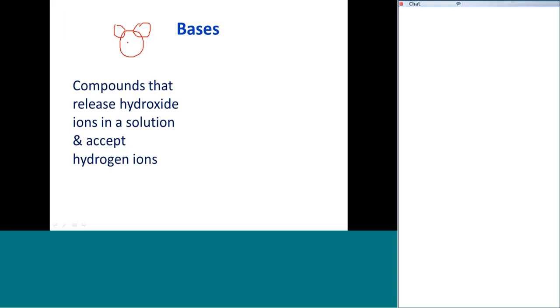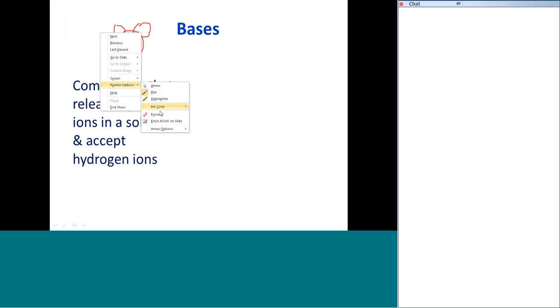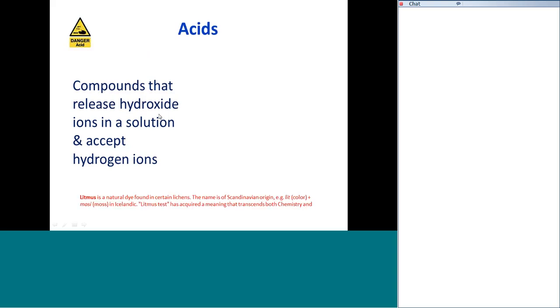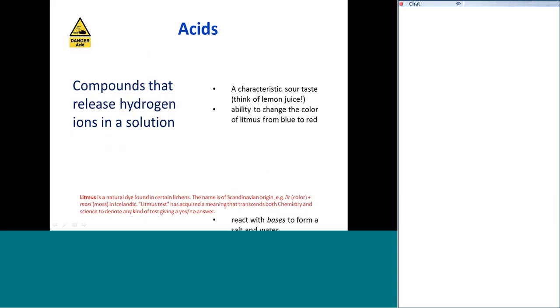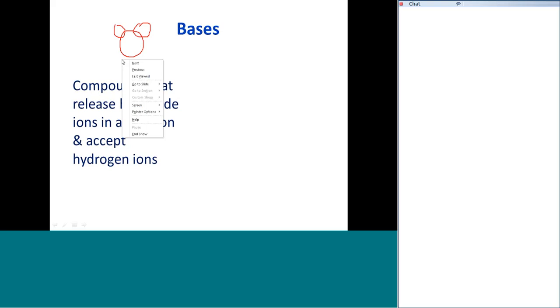So the 1 oxygen and 2 hydrogens. Well, a hydroxide ion is Mickey with only 1 ear, right? So that's a hydroxide ion.